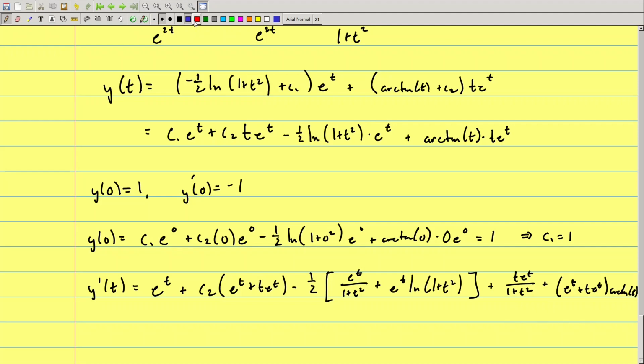Okay. Now we've got to start plugging in 0. If I plug in 0, it should be equal to -1.